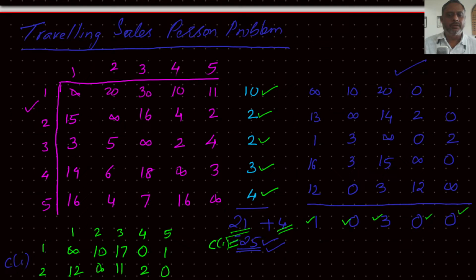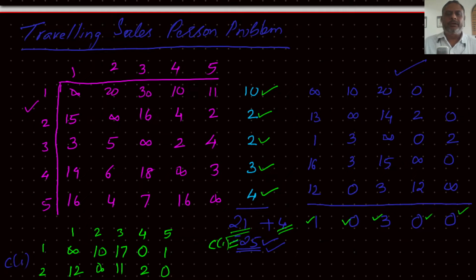Looking at this, how much have we totally reduced? 10, 2, 2, 3, 4 making 21 row-wise and 4 column-wise, so the total cost reduction is 25.